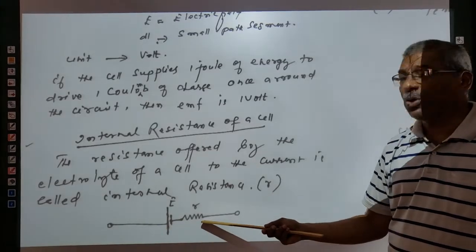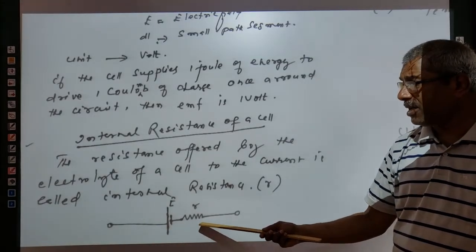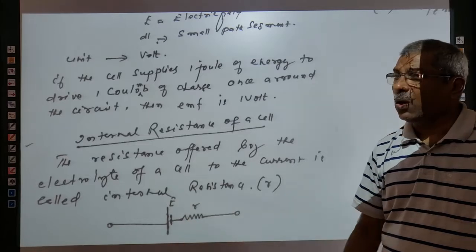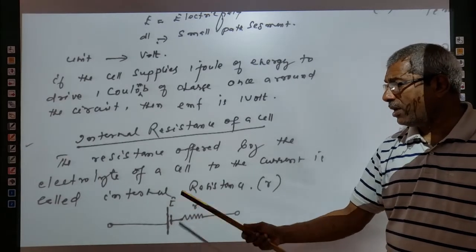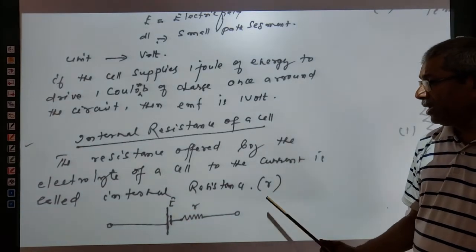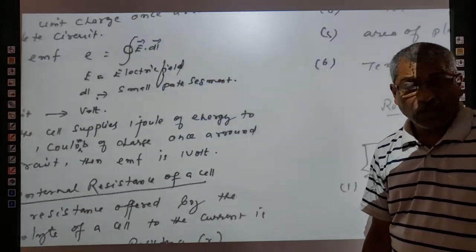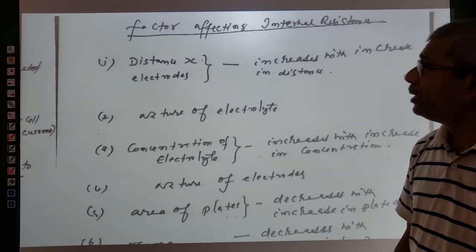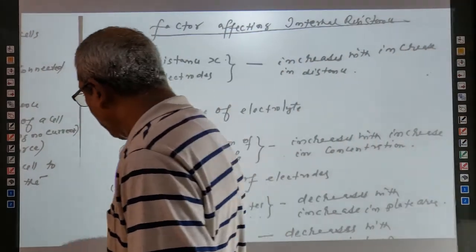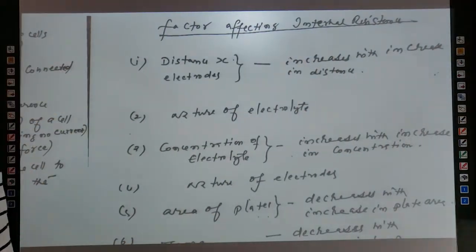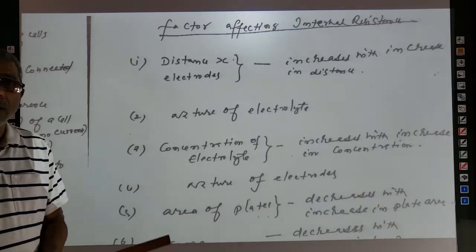Internal resistance is most of the time represented like this: a cell is represented by a long line and a short line. It is denoted by the small letter r. Now, factors affecting internal resistance of a cell.